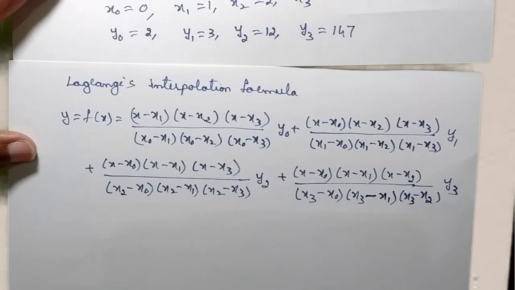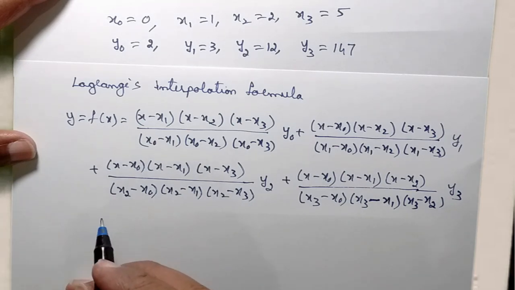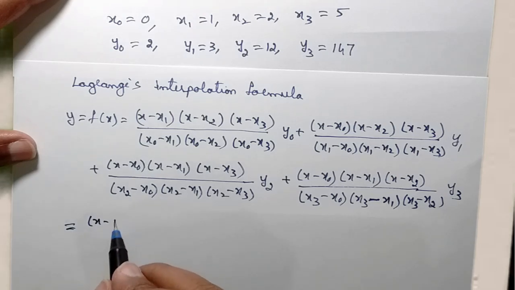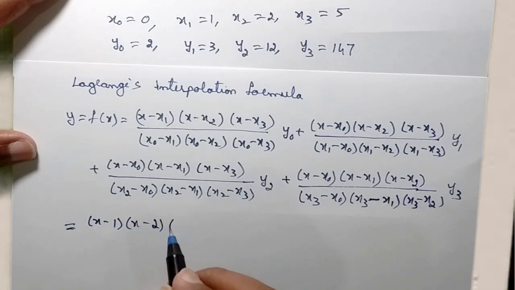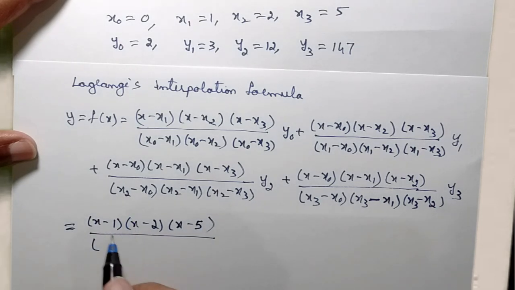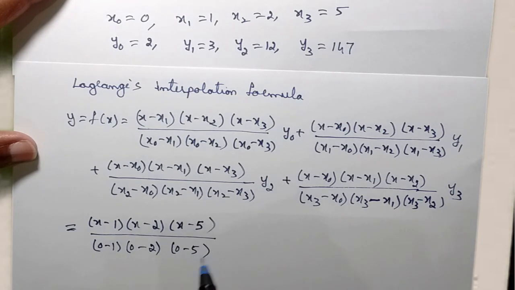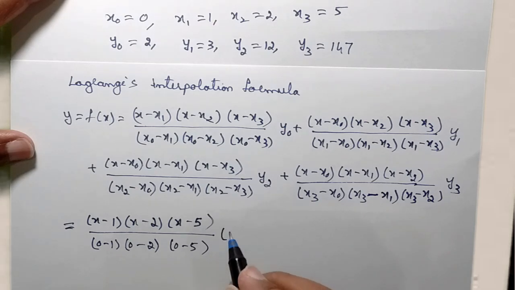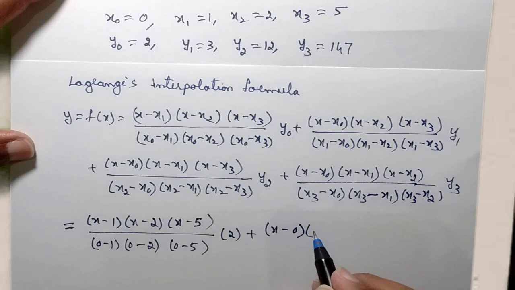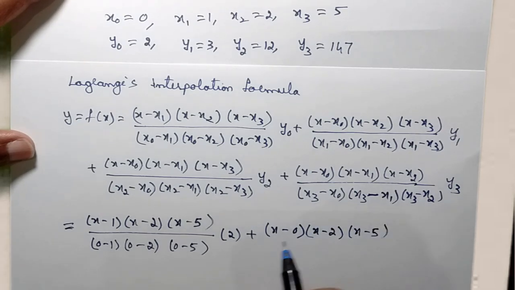You know the values, so you just have to plug in all the values over here. So it will be equal to: x minus x1 value will be 1, x minus x2 value will be 2, x minus x3 value will be 5, whole divided by x0 value is 0, so 0 minus of 1, 0 minus of 2, 0 minus of 5, into y0 value, which is 2, plus x minus x0 value is 0, x minus x2 value is 2, x minus x3 value will be 5.